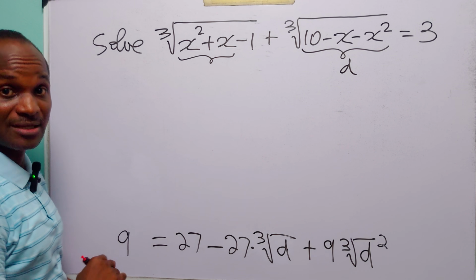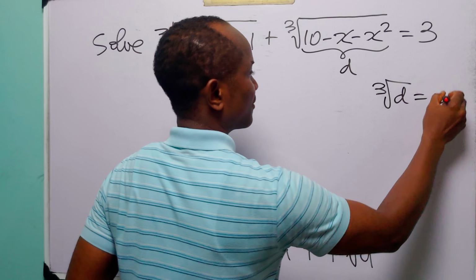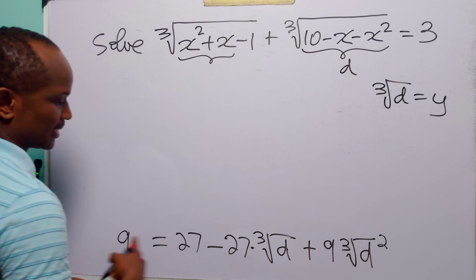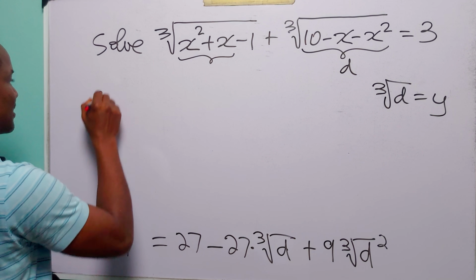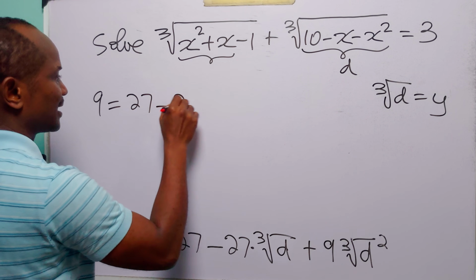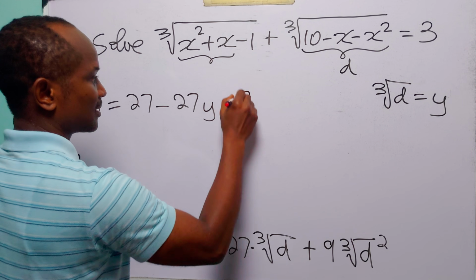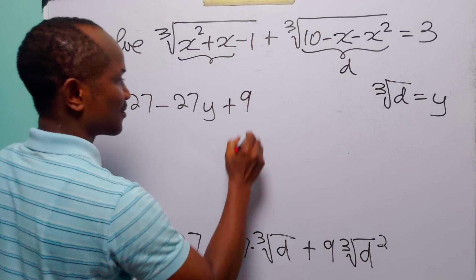Now, to tidy up this equation, let the cube root of d be equal to the letter y. That means that we can write this as 9 is equal to 27 minus 27y plus 9y squared.